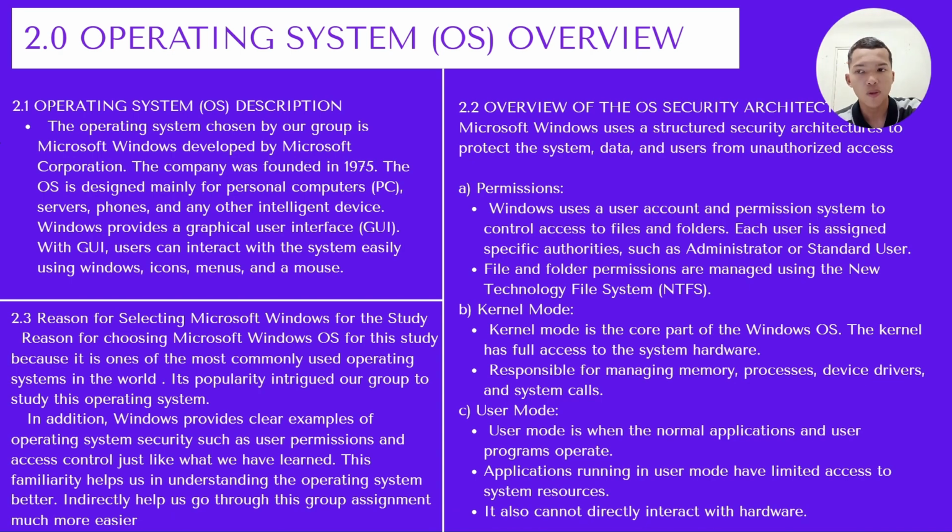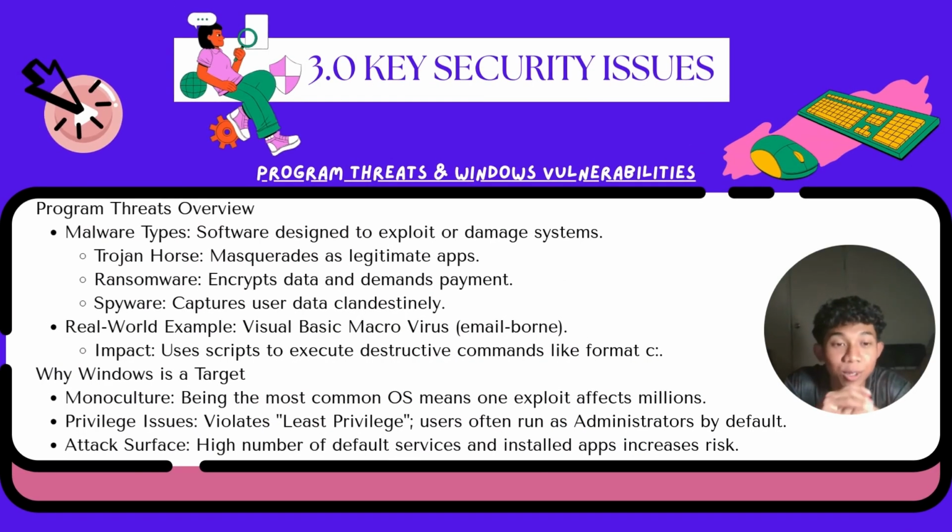In addition, Windows also provides clear examples for operating system security such as user permission and access control, just like what we have learned in our classes. This familiarity helps us in understanding the operating system better, indirectly helping us go through this group assignment much more easily.